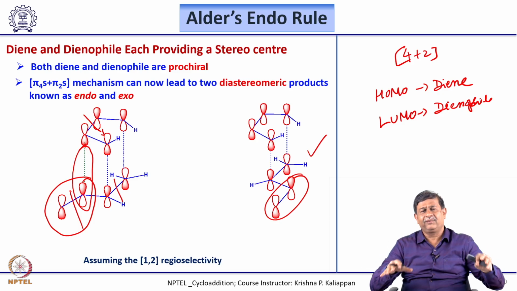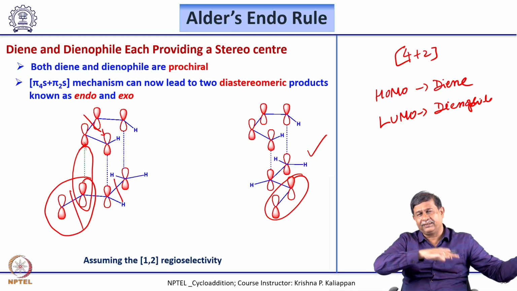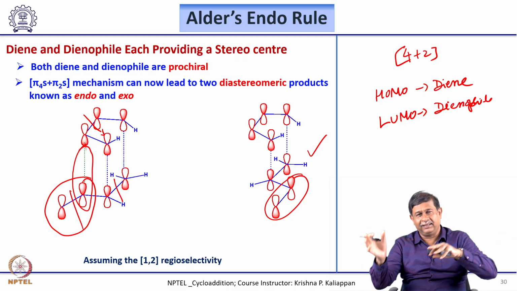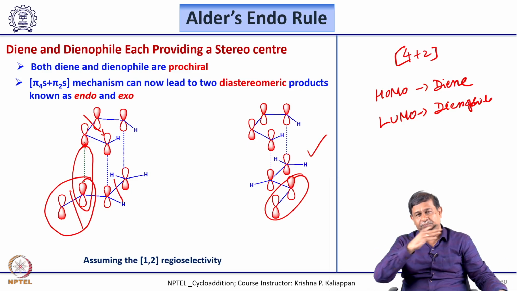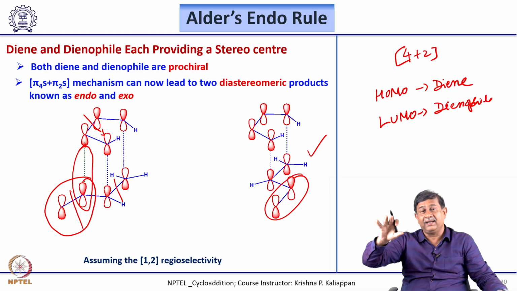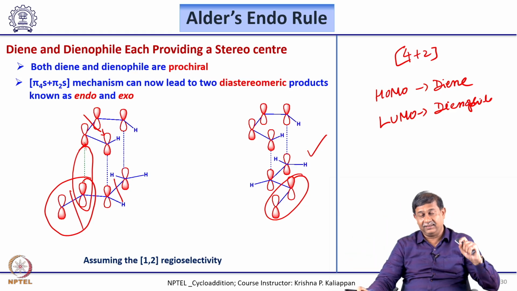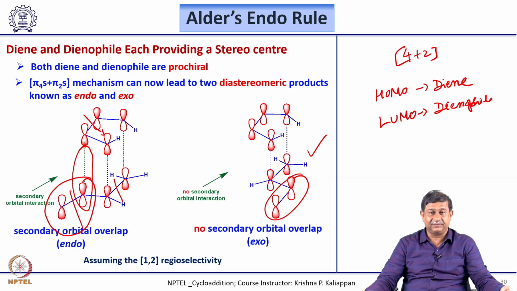So what will happen when you heat it at very high temperature, the endo product will go back to diene and dienophile, and again upon heating you will get a mixture of endo and exo, and the endo product will be converted into the exo product only at very high temperature. Otherwise, under normal Diels-Alder reaction conditions, you get the endo product as the major product. Okay.